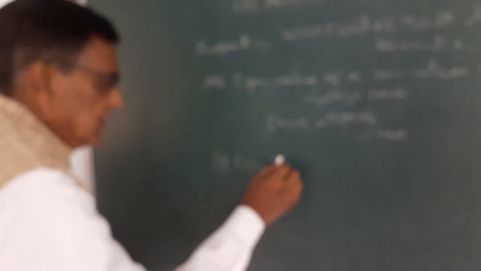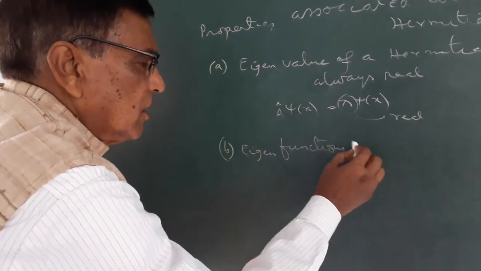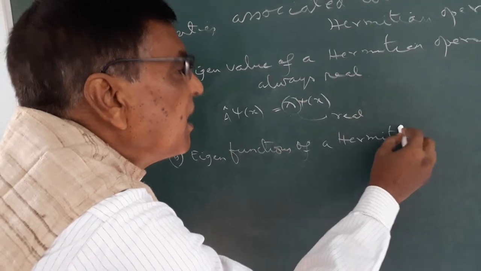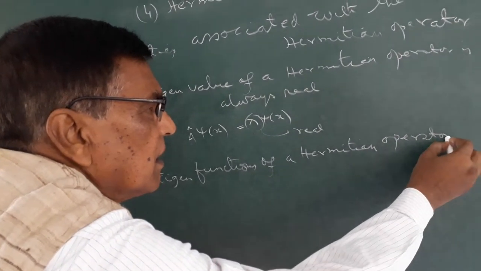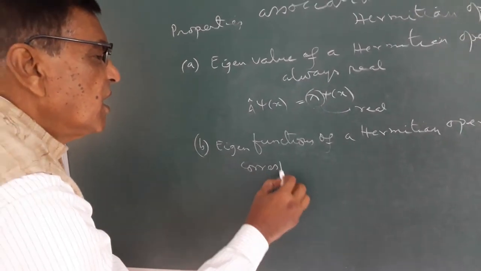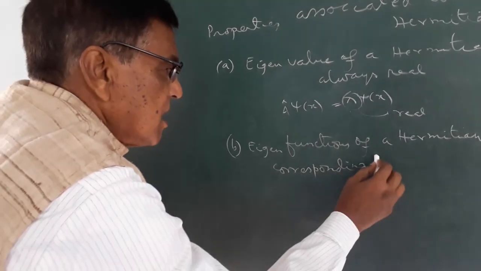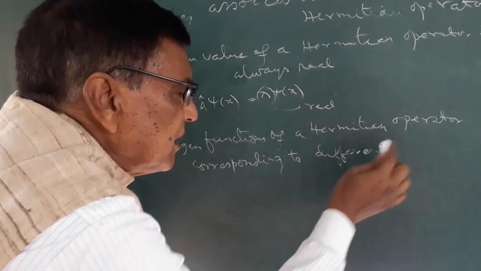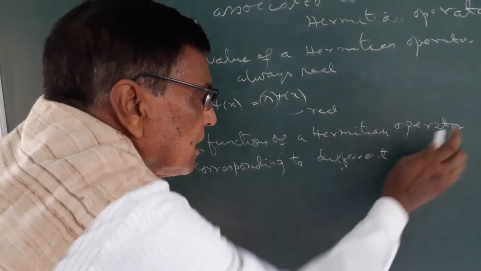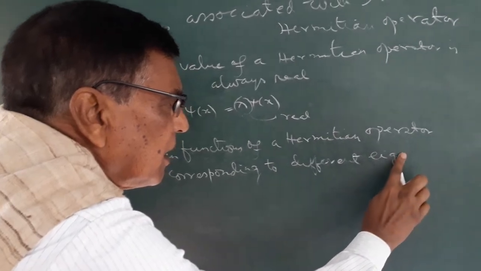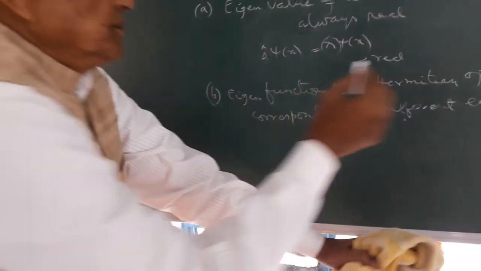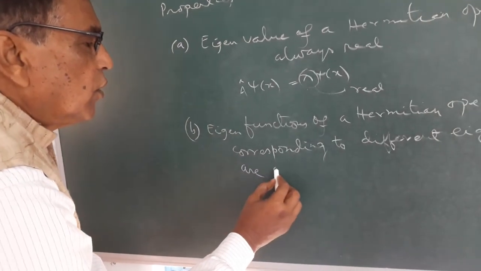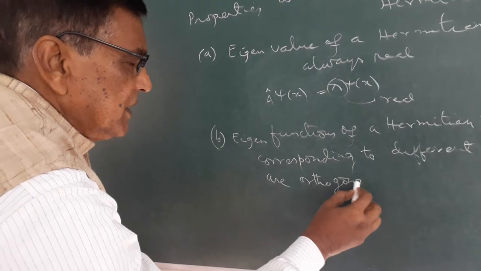And then B: eigenfunctions of a Hermitian operator corresponding to different eigenvalues are orthogonal. Let me illustrate.